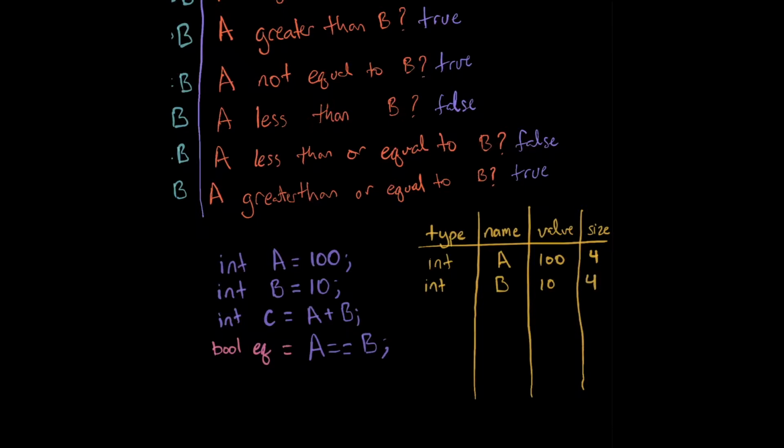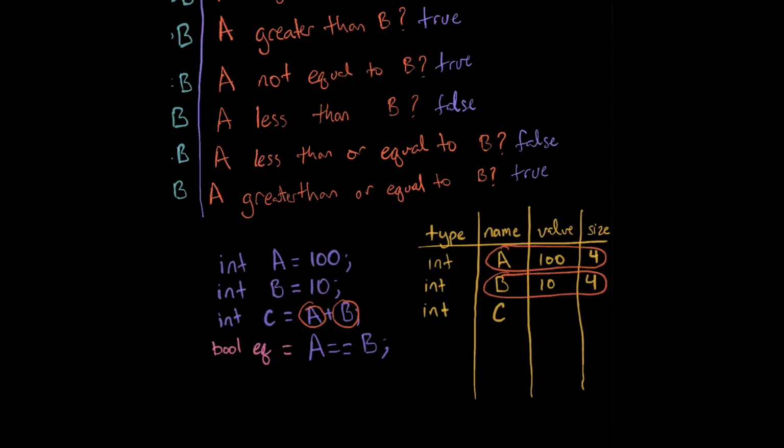Now similarly, I have created a new variable on line 3 where the type is an int. The name is C. The value is going to be, go get A from my memory table, go get B from my memory table, and apply the plus or the addition operator.